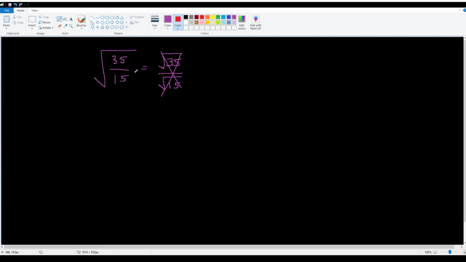So if I look at 35 over 15, I do see that this can be simplified if I divide both of these by 5. So this 35 over 15 actually would become the square root of 7 over 3.